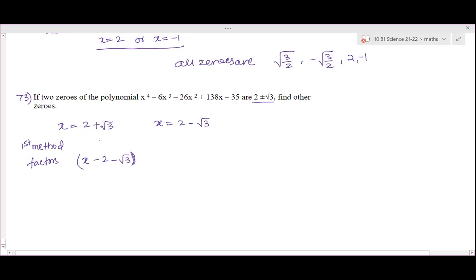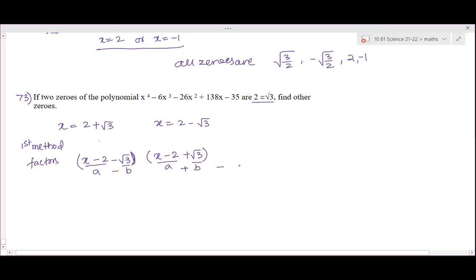So these two terms will be transferred to LHS. And here also it is x minus 2, but minus root 3 will transfer that side as plus root 3. Now consider x minus 2 as A and this as B. So this is A minus B into A plus B.